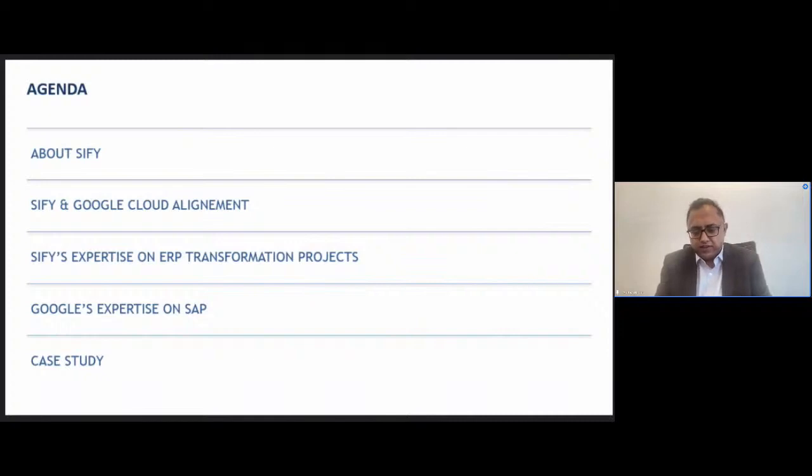The agenda, we kept it very simple, where we will speak a bit about Sify, what is the alignment Sify has with Google, and Google along with us, what are the expertise we are bringing on ERP transformation, which is obviously SAP-led in most of the discussions. Then Shivam will take over and talk about Google's expertise specifically as a platform and cloud service provider on SAP. We will then end with a quick case study, and then it will be open for a nice discussion. So that's how we will go with the flow.